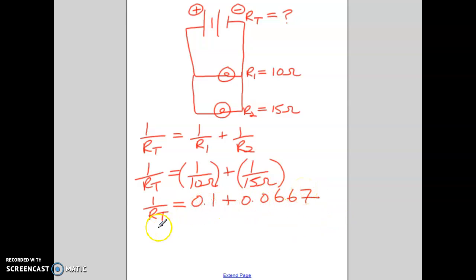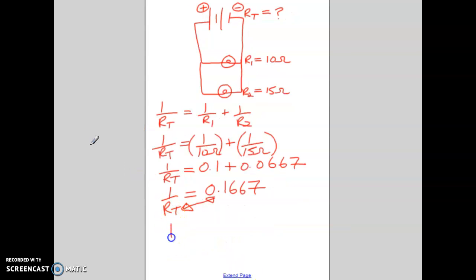Let's now combine this to make one whole number. So this is going to be plus 0.1, so we have 0.1667. Once you get to this point where you have a single number equal to 1 over RT, we're going to swap the places of these two values. So it becomes 1 over 0.1667 is equal to RT.